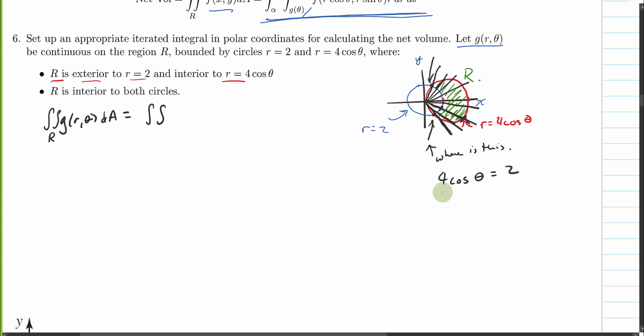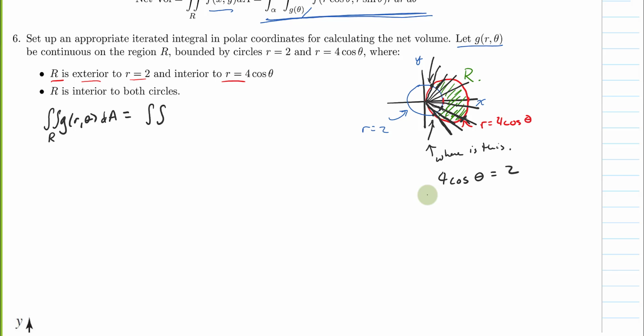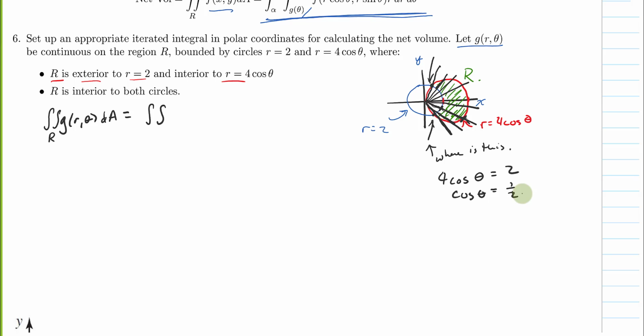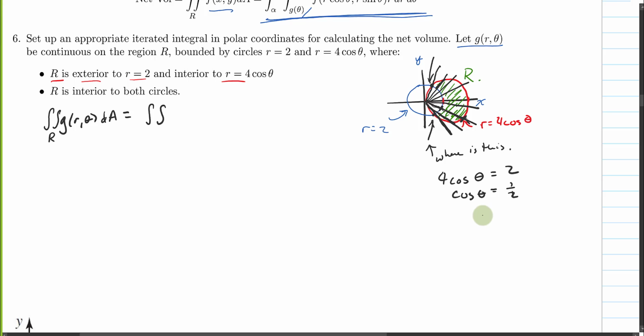So I set the two radii, the blue curve and the red curve, equal to one another. This happens when the cosine of theta is equal to 1/2.